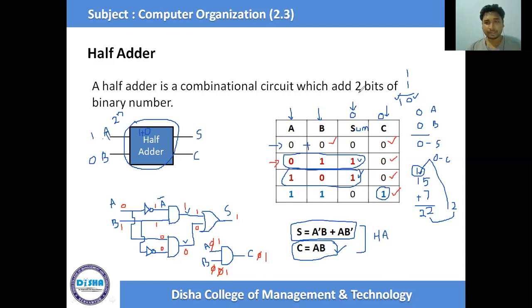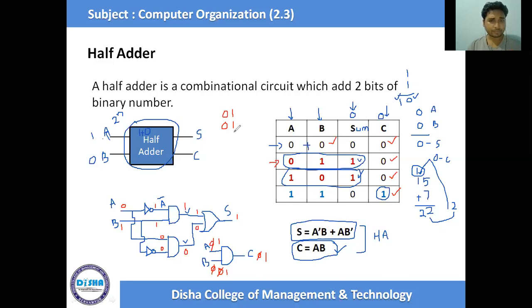What will happen when carry is there? For example, say we have a 2-bit number: 1 0, sorry, 0 1, and we have to add 0 1.